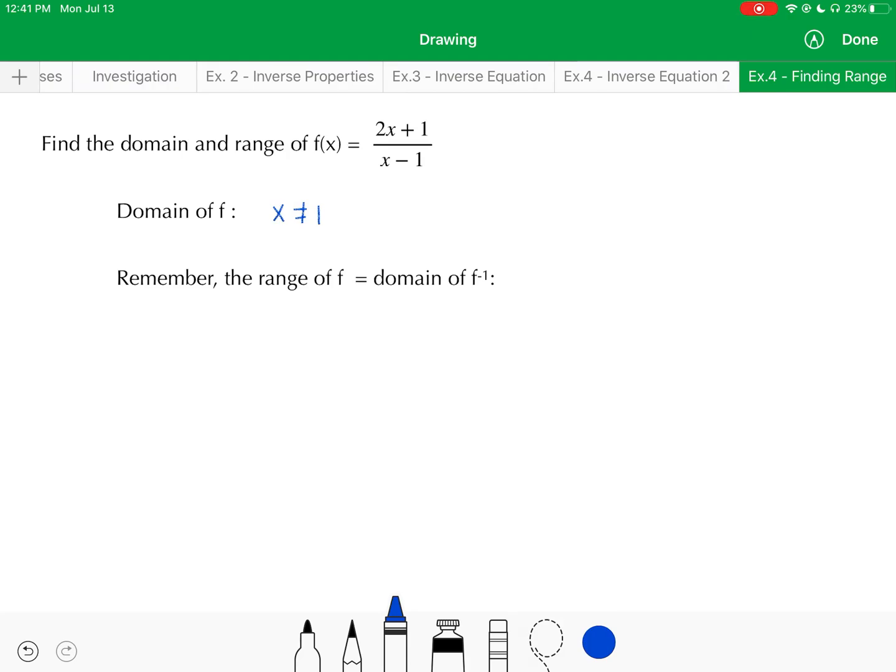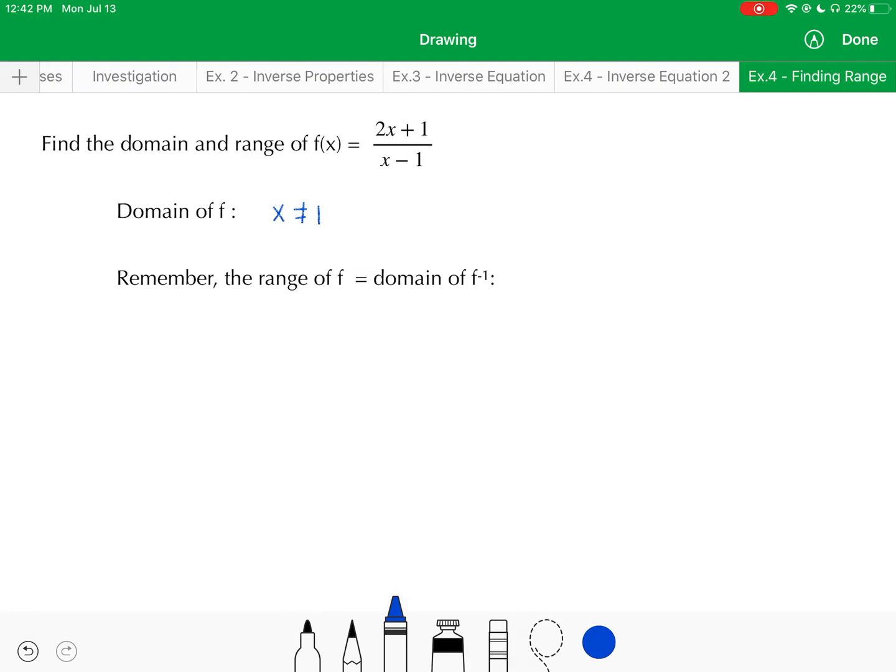So here's where inverse functions are very useful. Recall that the range of your original function is going to equal the domain of the inverse, okay? So what I'm going to do here is come up with an equation to represent the inverse, and then if I can find its domain, I'll have the range of the original, okay?